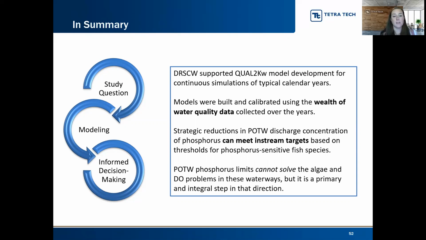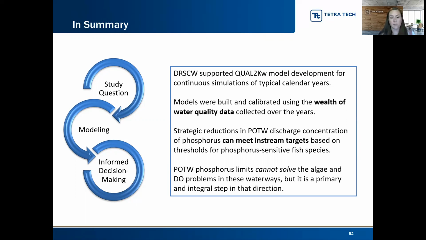We built models and calibrated them to the wealth of data available to us. And we found, as you saw, that strategic reductions in total phosphorus from our wastewater treatment plants can meet in-stream targets based on thresholds for phosphorus-sensitive fish species. These are dramatic reductions that we anticipate to be protective of aquatic life.